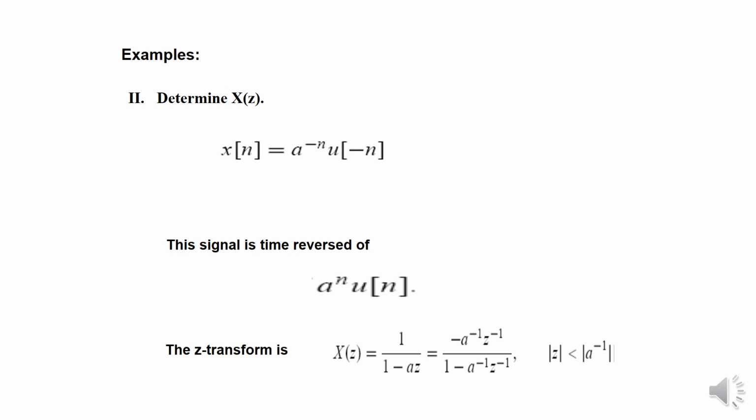So in the z transform of a^n u[n], you will have 1 over 1 minus a into z to the power minus 1. In there, you have to replace z^-1 by z. That is replacing z by 1 over z. Therefore, the z transform of a^-n u[-n], which is the time reversal of a^n u[n], will be 1 over 1 minus a z.